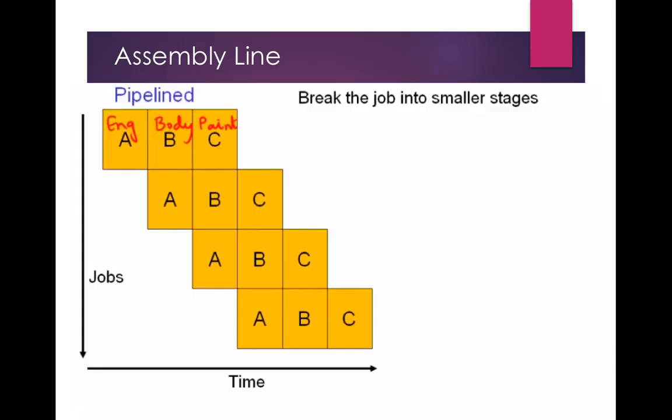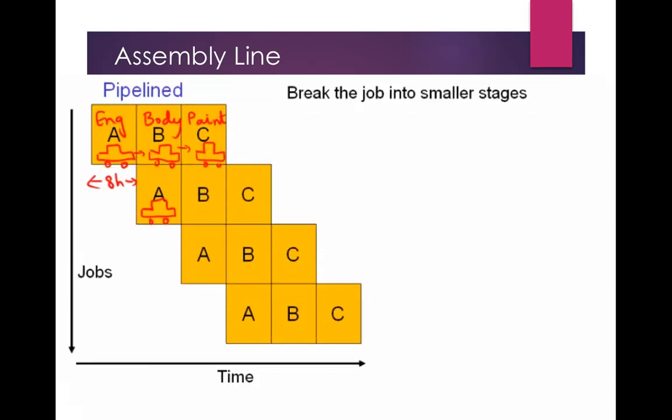Initially, for all three parts, we had 24 hours. Now the engine alone takes only 8 hours, the body part again 8 hours, and painting again 8 hours. So it takes 24 hours, but we are splitting the job into smaller stages.